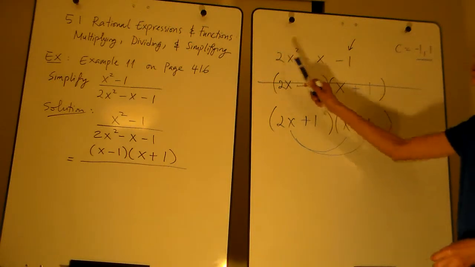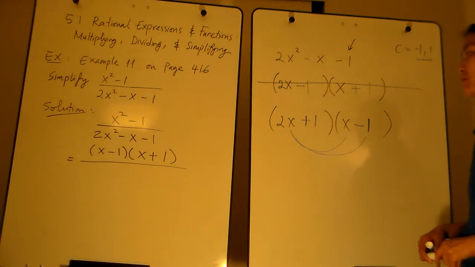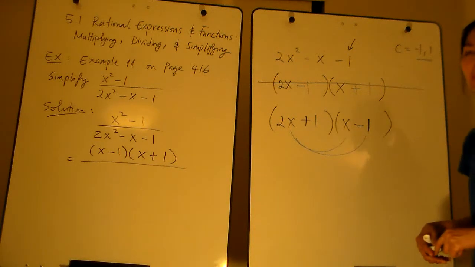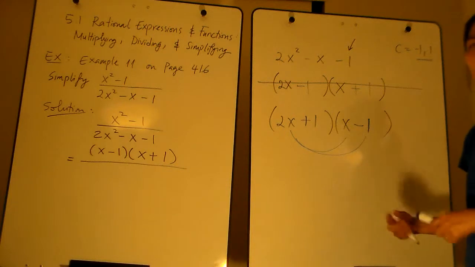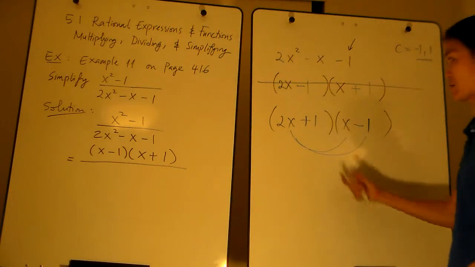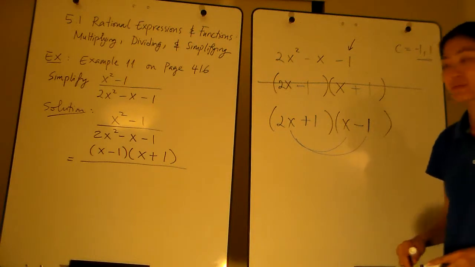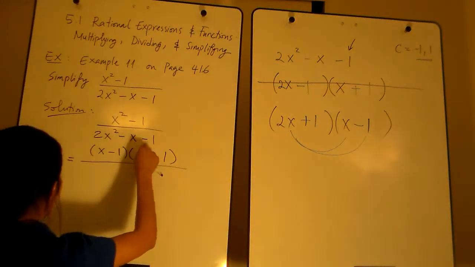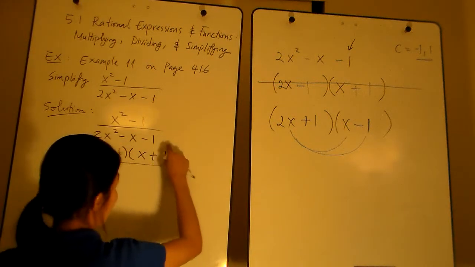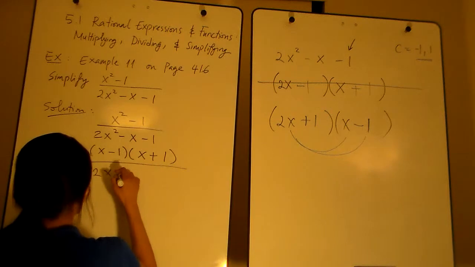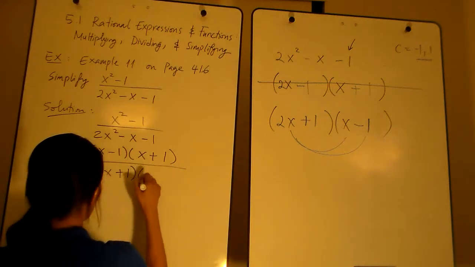When the leading coefficient is not 1, you have to take longer, try a little bit. But the more you work on it, you probably come up with a faster way, I mean, in terms of arranging the order of the numbers.